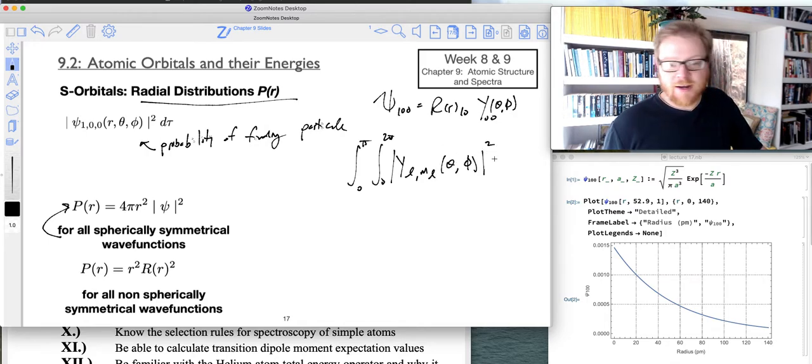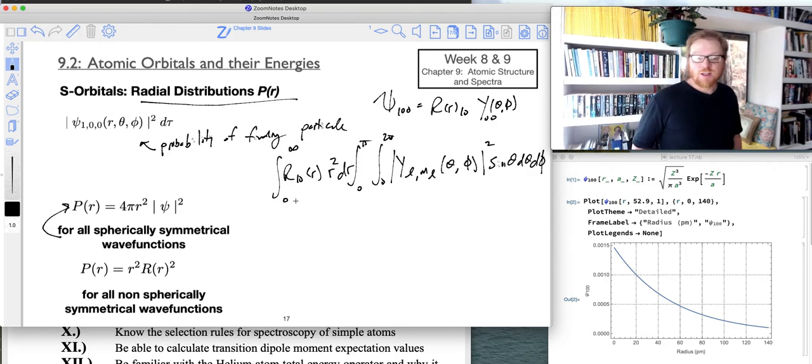Squared. And then remember that we have this sine theta d theta d phi. And then we also have that radial component, R 1,0 of r times r squared dr from 0 to infinity. So we recognize that all of this is normalized in the sense that it's all equal to 1.